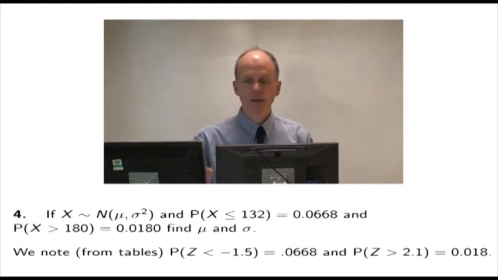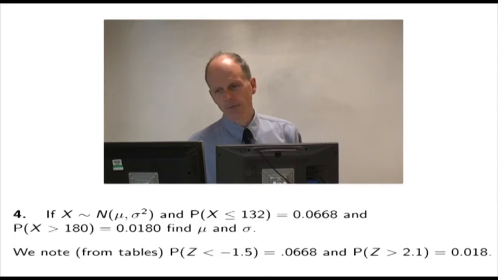I'm using slightly more approximate values here, rounded just to one decimal place in this calculation. And secondly, an easier calculation from the tables, the probability the random variable is bigger than 2.1 is 0.018. Again, this one comes from the inverse tables.